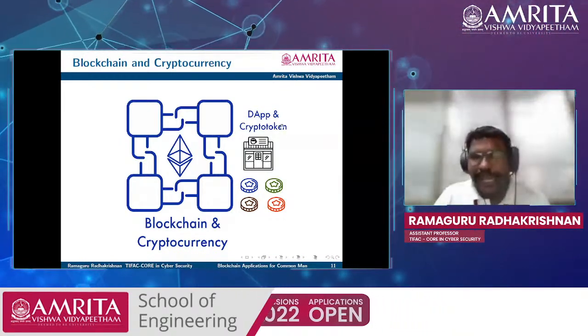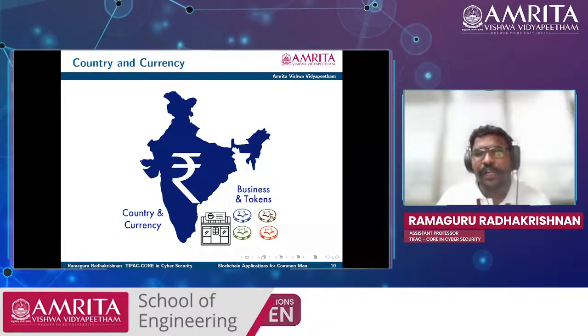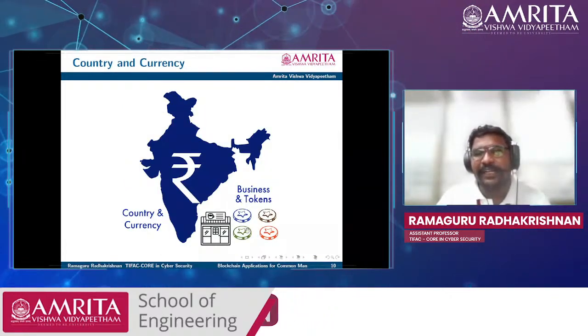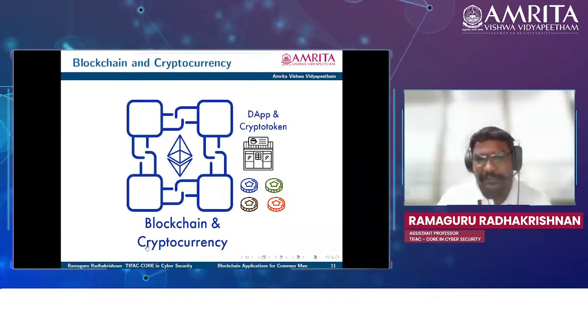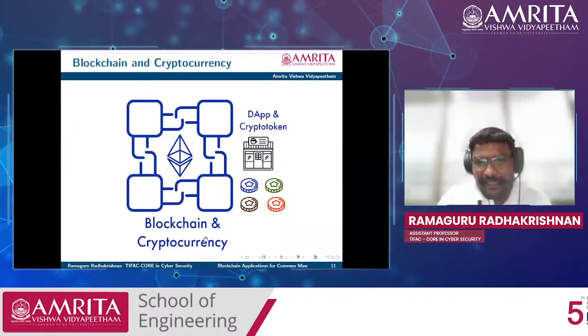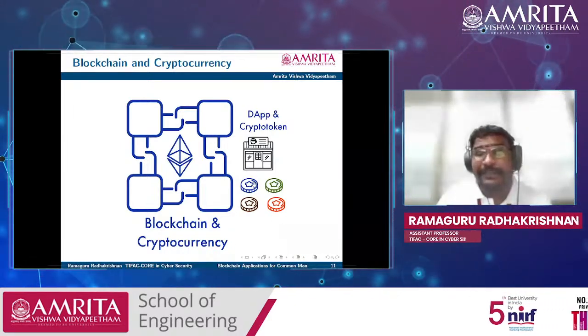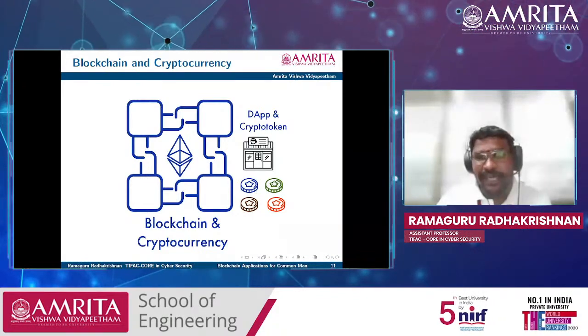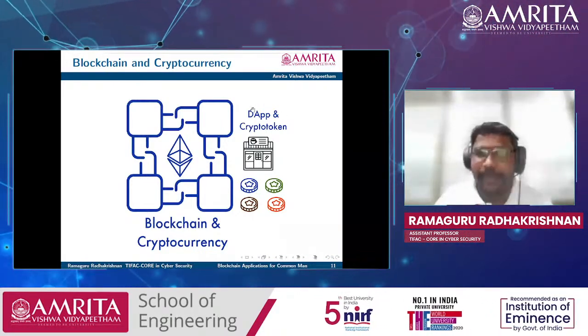And these dApps can have something called a crypto token, which is very much similar to what we discussed, the real-time token. So you will be using this cryptocurrency, which is Ether, to define your business level token. And these business level tokens, which are crypto tokens, are valid only within your dApp.